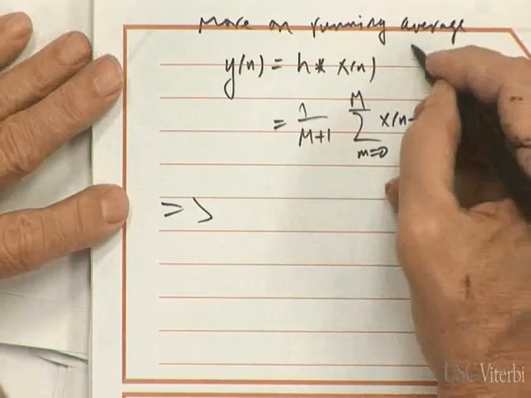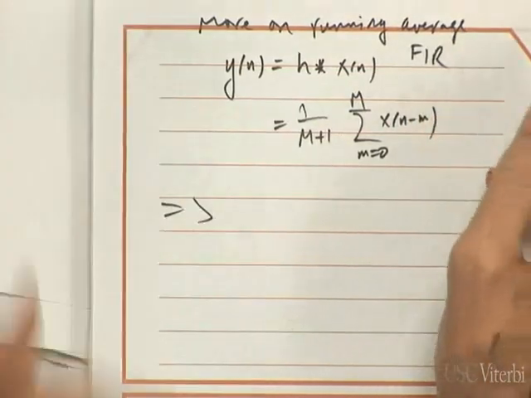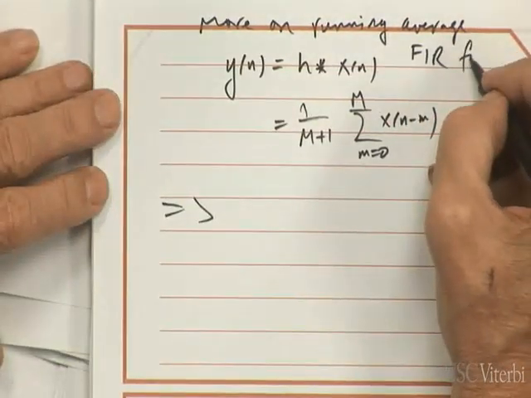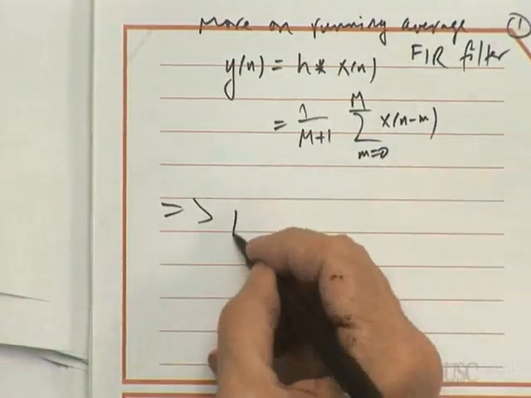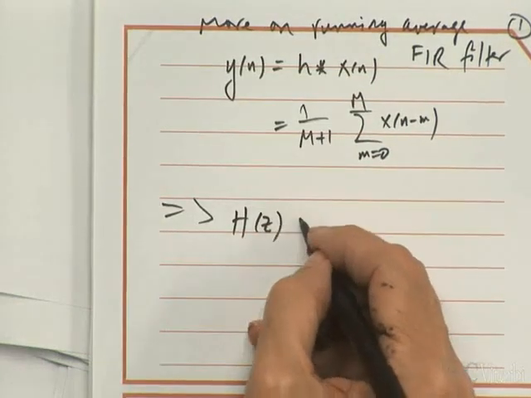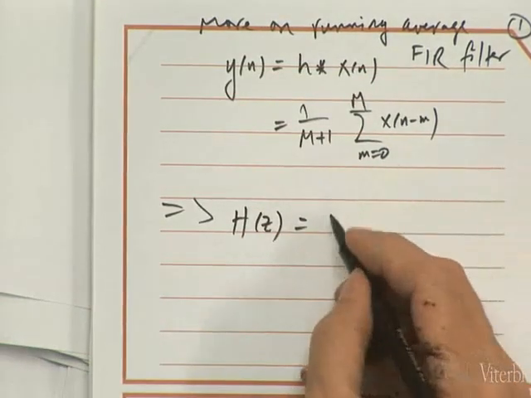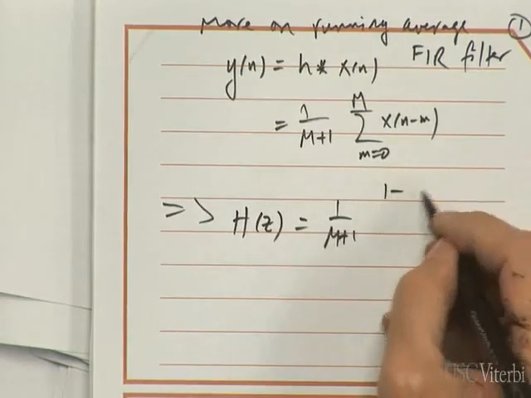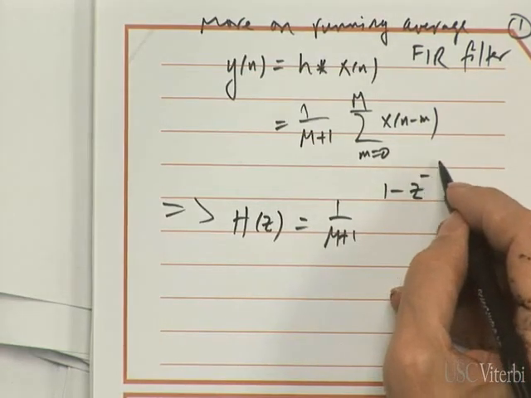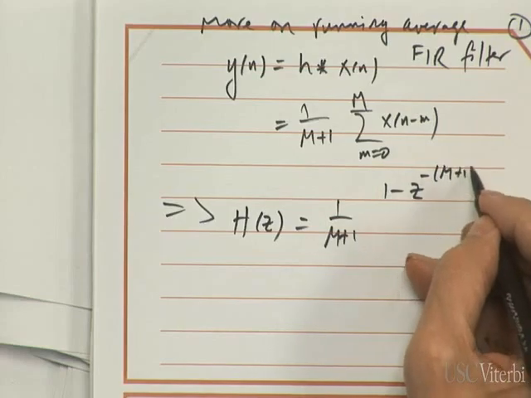So we found that H of z is equal to 1 over M plus 1 times 1 minus z to the minus (M plus 1) over 1 minus z inverse.